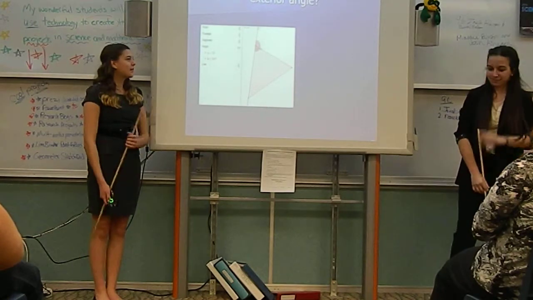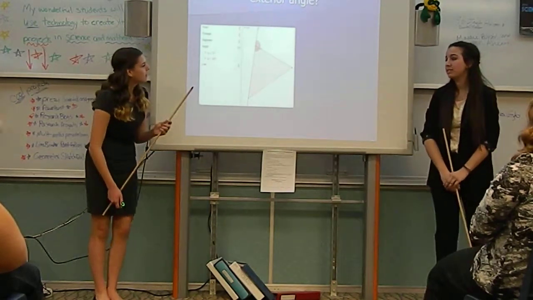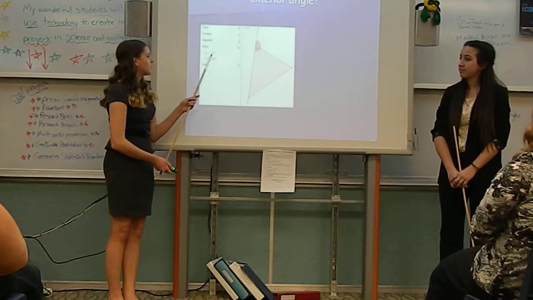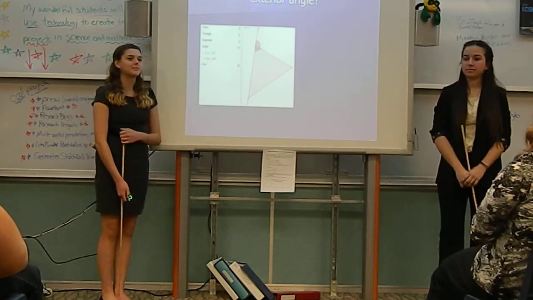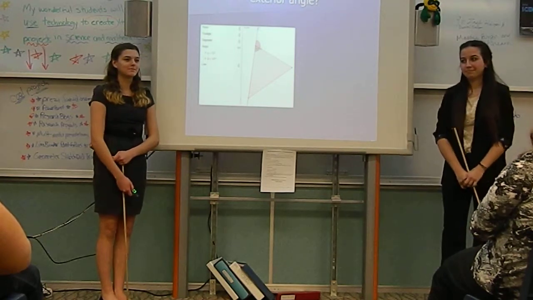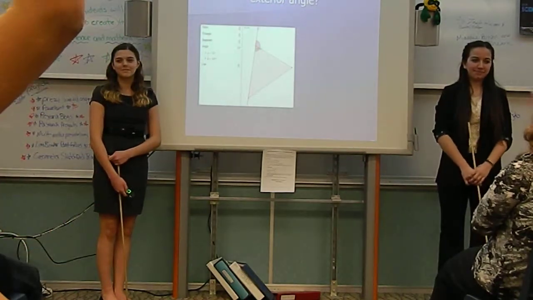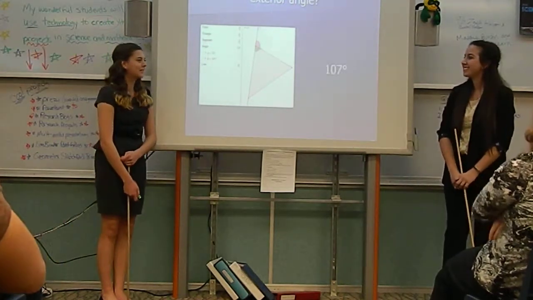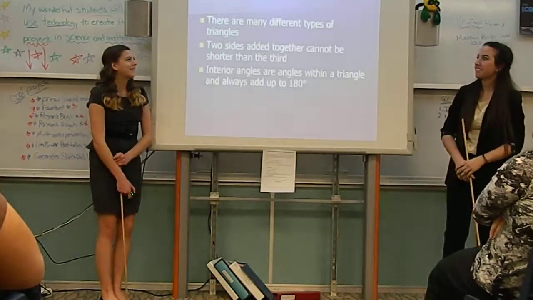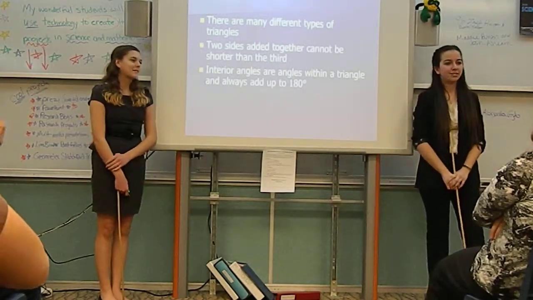What would the measure of the exterior angle be if the interior angle is 107 degrees? 73 degrees? Yes.